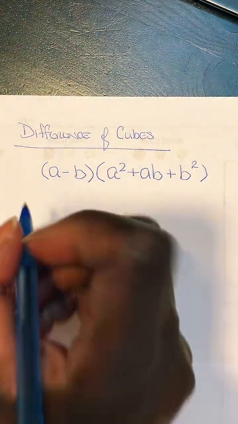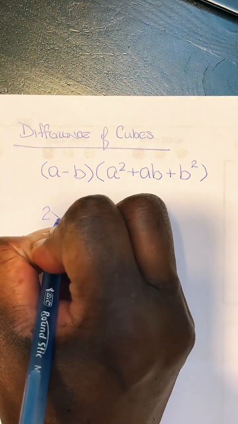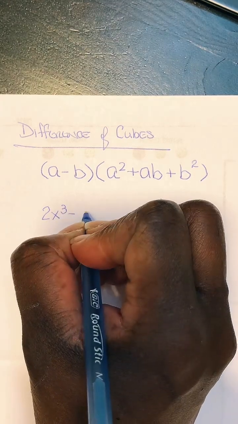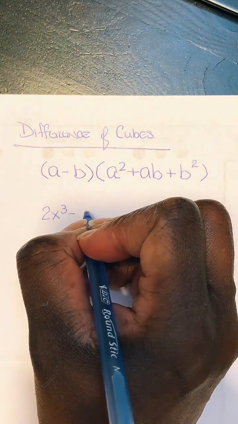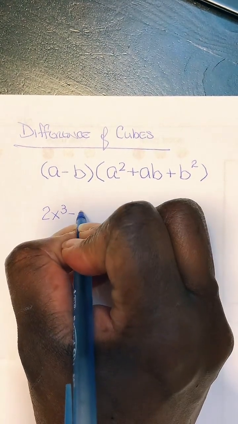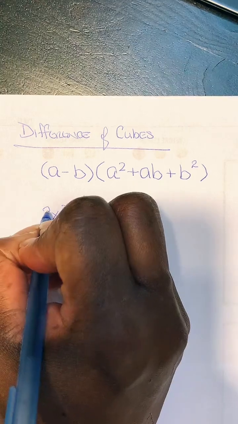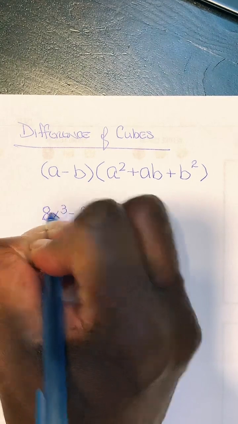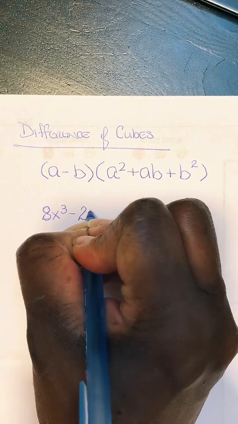So if I had, let's say, 8x cubed minus 27.